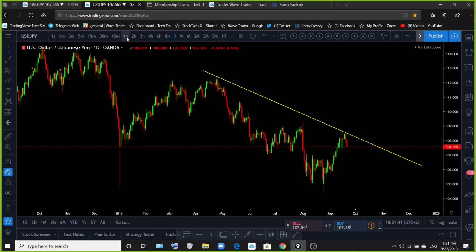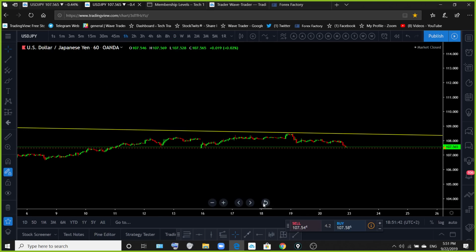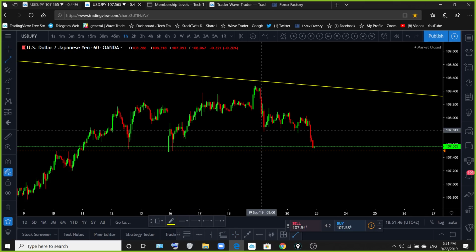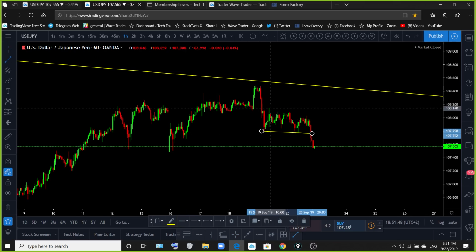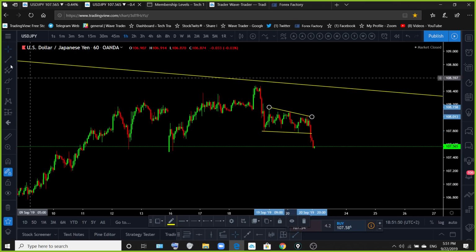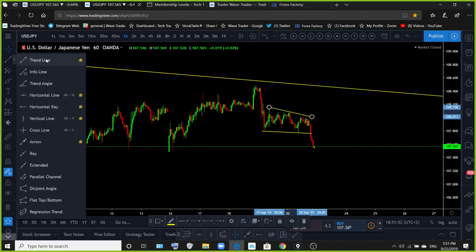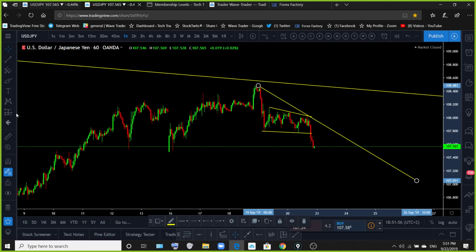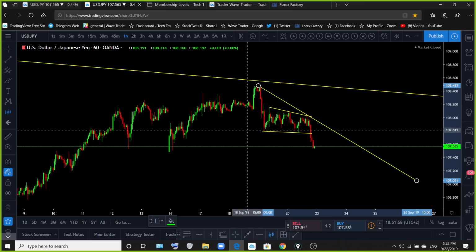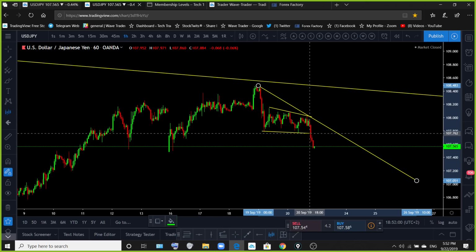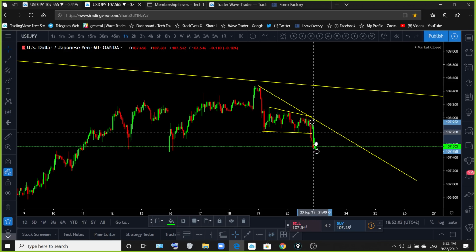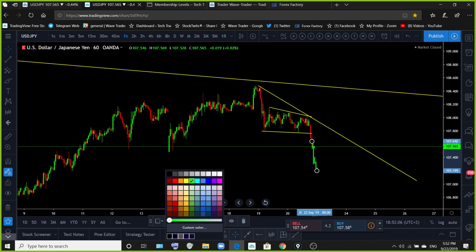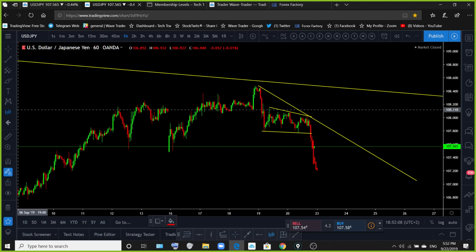So on the lower time frame, the 1 hour time frame, you see this. Let's say price is going to break down. A couple more bars are forming and price is going to break down and correct again.